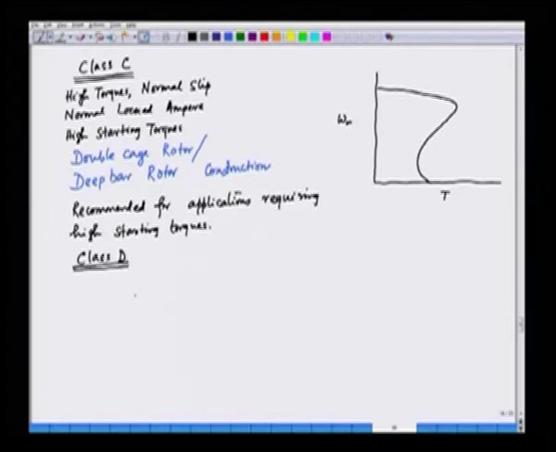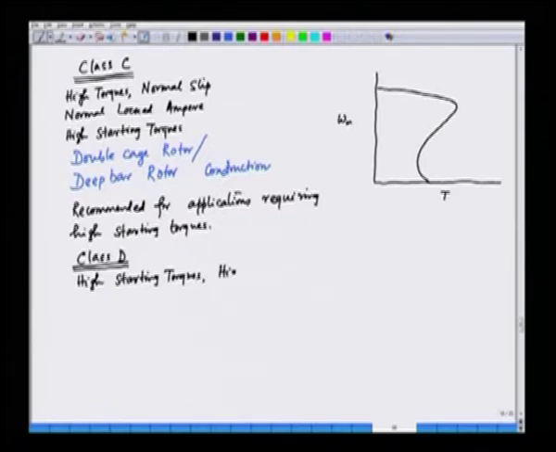So what we have here is high starting torque and high slip.